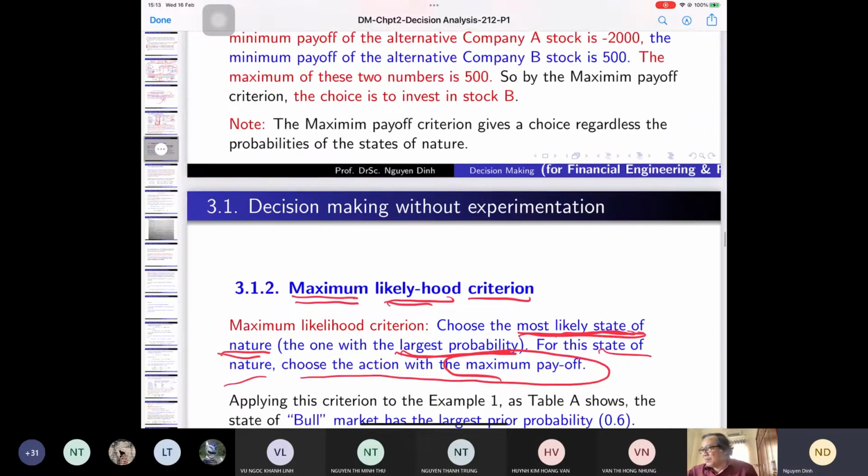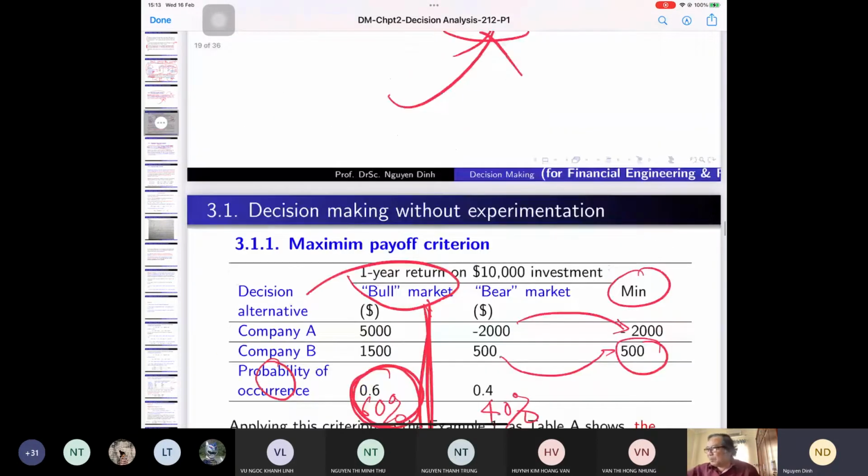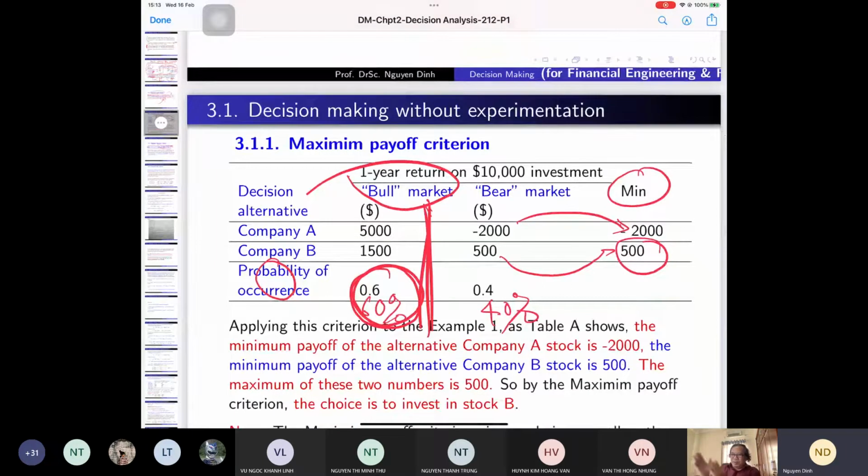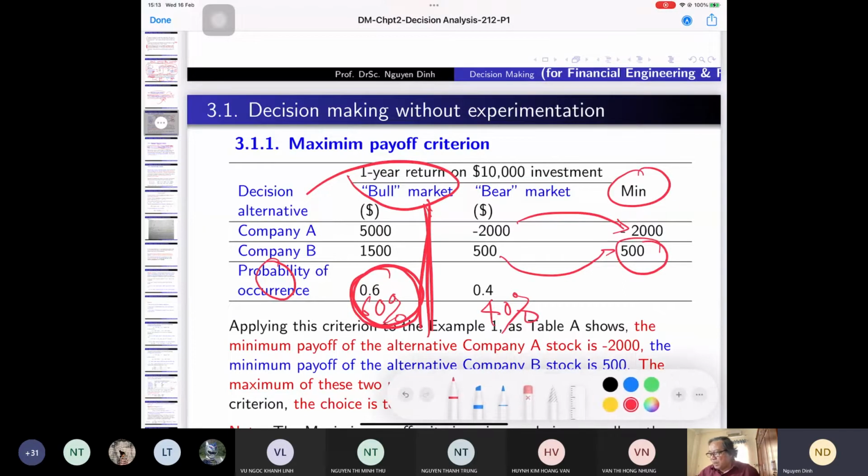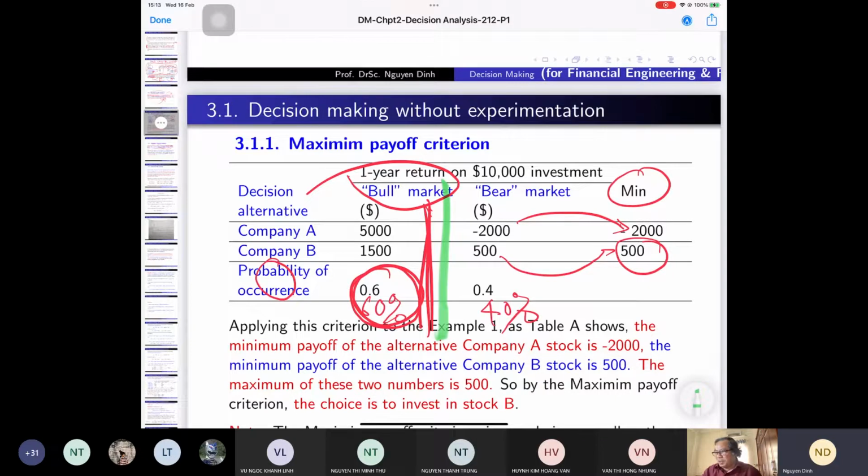Okay, look at this. Here you have two states of nature, bull and bear. And you choose the one with the highest probability. So you choose this one, 60%.